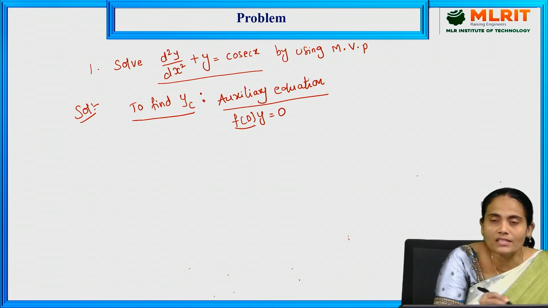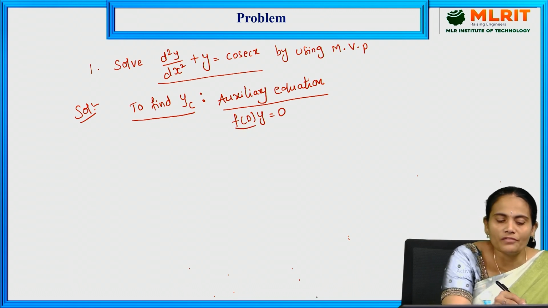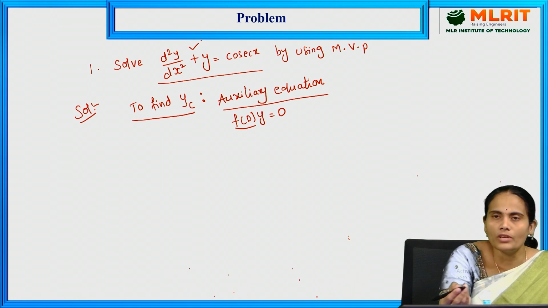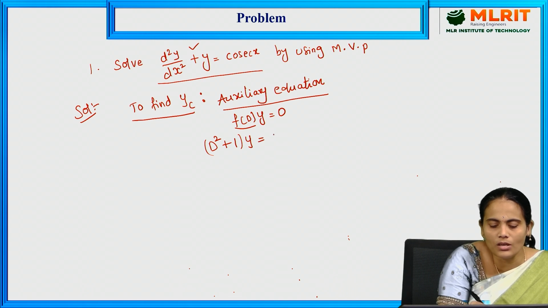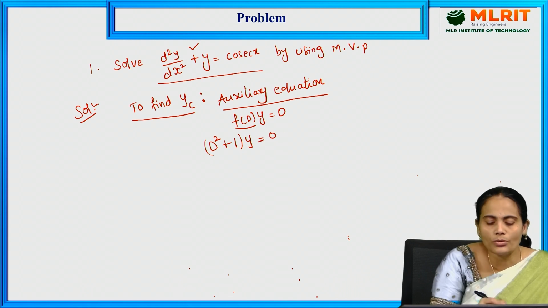So what is f of d? From the given differential equation, f of d is d square plus 1, into y is equal to 0. So f of d is nothing but d square plus 1.